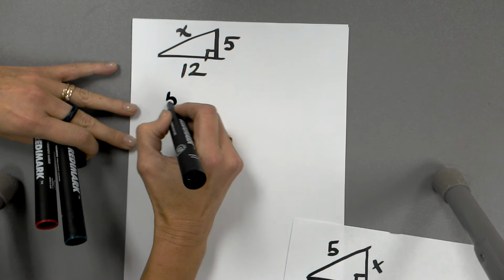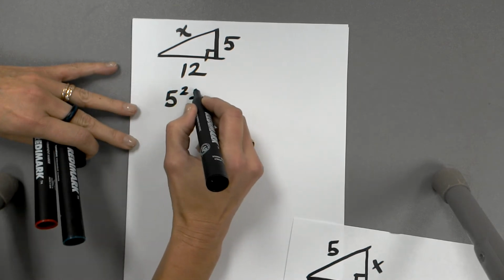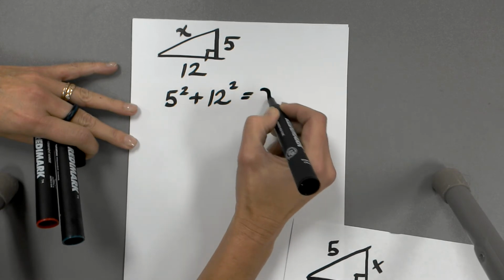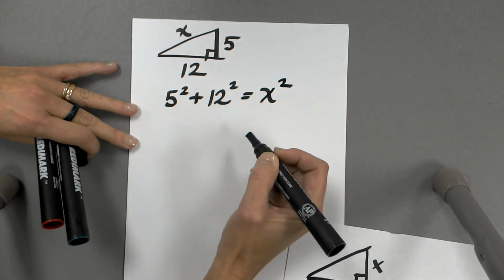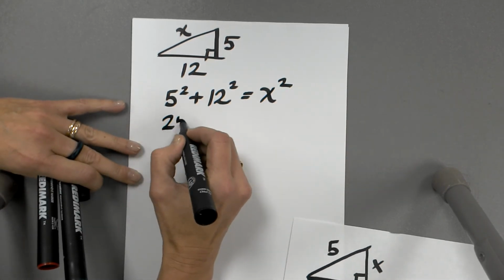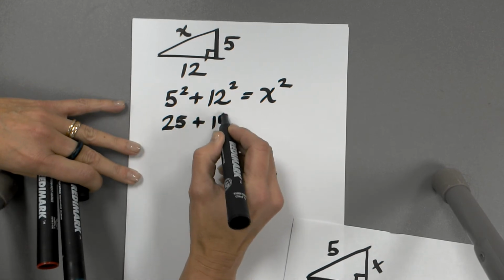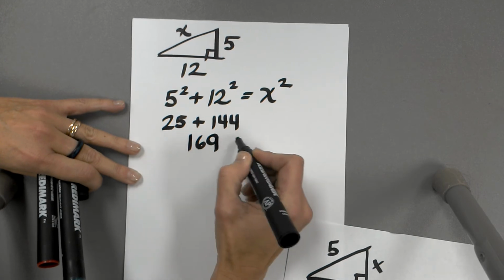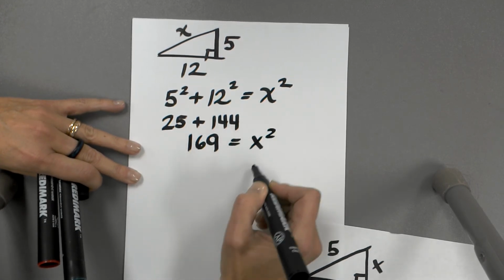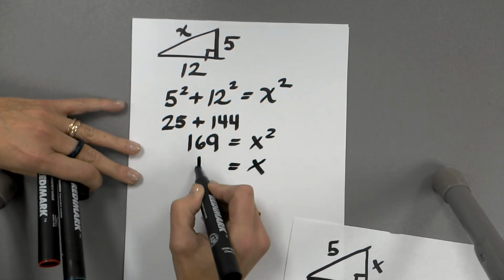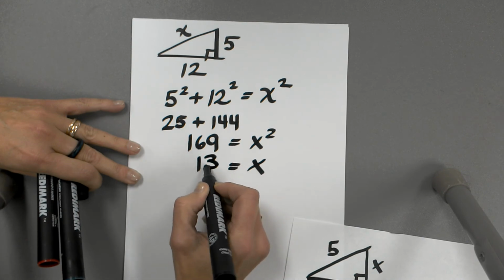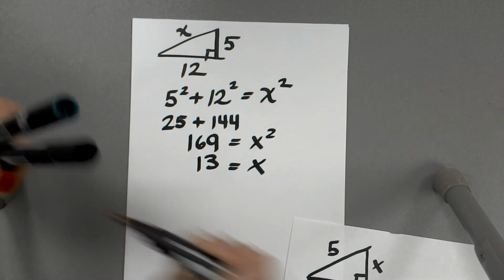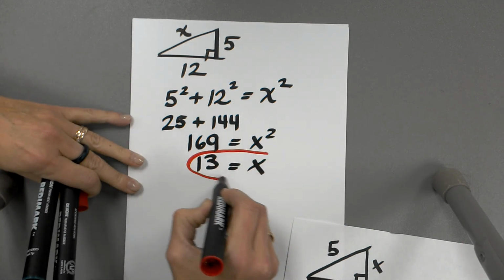So we know that the sum of the squares of the legs, 5 squared plus 12 squared, has to equal x squared. 5 squared is 25, 12 squared is 144, 25 plus 144 is 169. When we take the square root of both sides, we get x is equal to 13. So the length of our missing hypotenuse is 13.